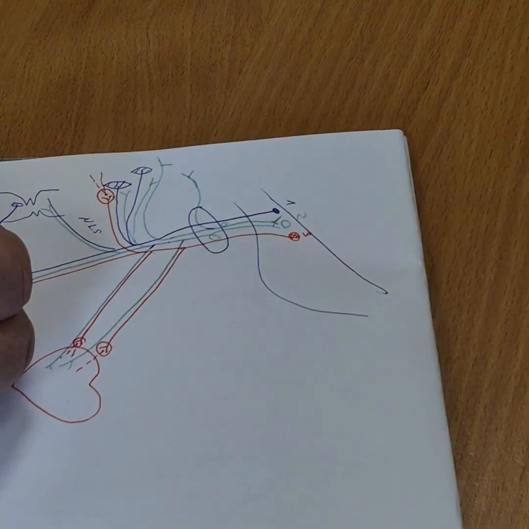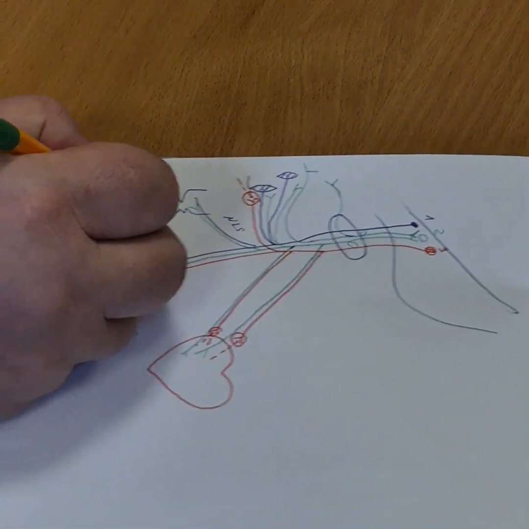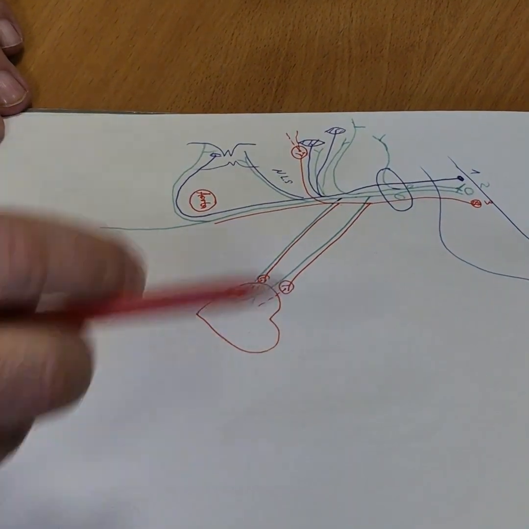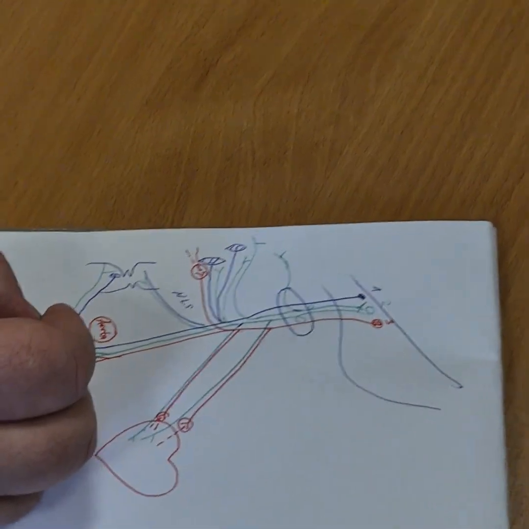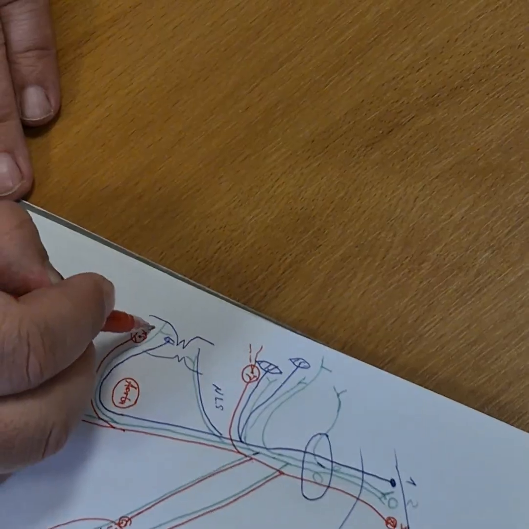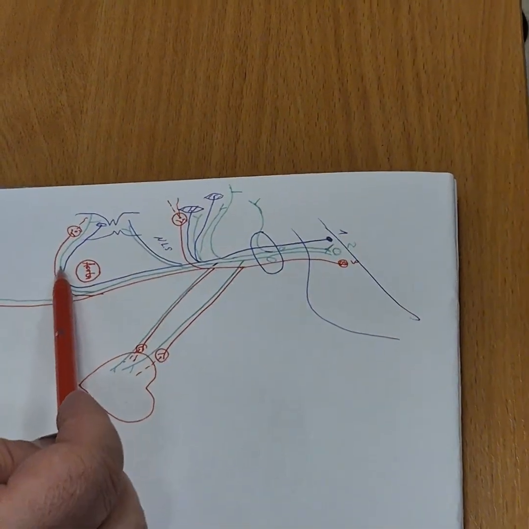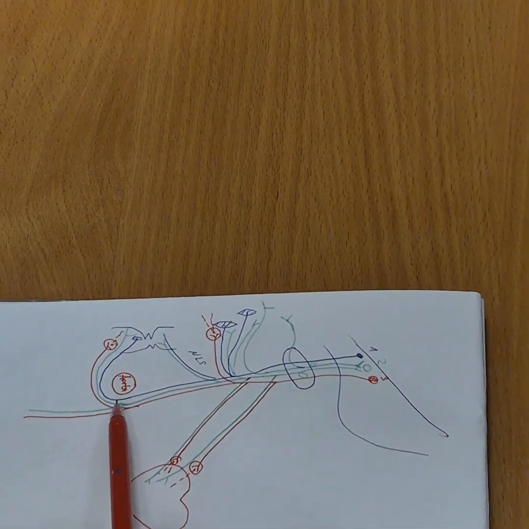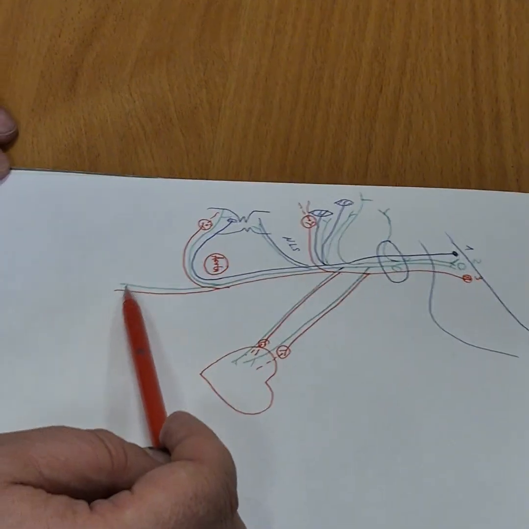We have sensory fibers and autonomic, parasympathetic. And below this place, below the recurrent laryngeal nerve, vagus consists only of sensory and autonomic fibers.